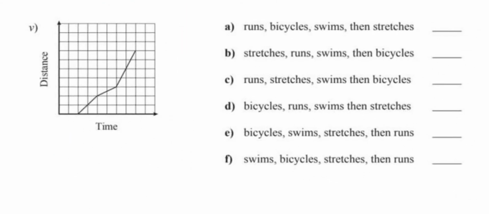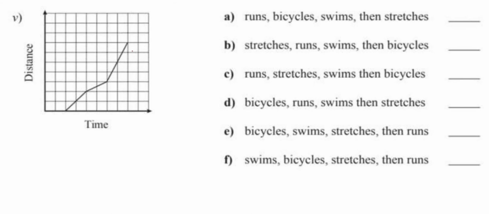And for number 5 here, this is your steepest line right there, so that's your bike. This is your flat line right here, so that is your stretch. And then of the 2 lines left, the one that goes up 2 over 2 is going to be your swim.